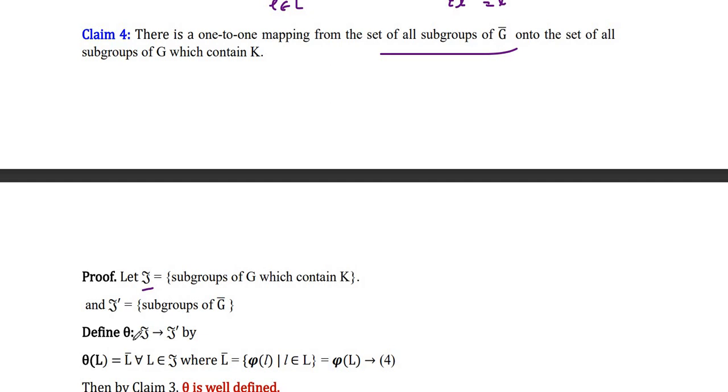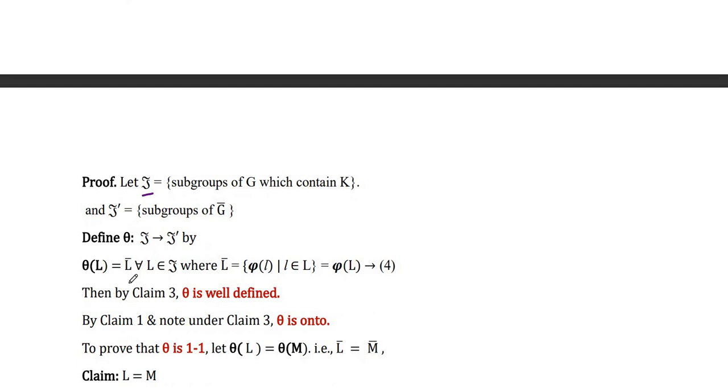We'll consider a rule theta from tau to tau prime by theta of L equals L bar for every L in tau. What is L bar? It is phi of L, and this one being defined by us, we have to show that this theta is well defined, and then only one to one or onto, whatever it is.